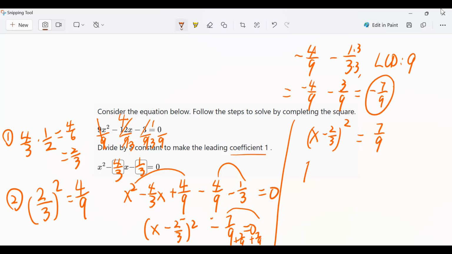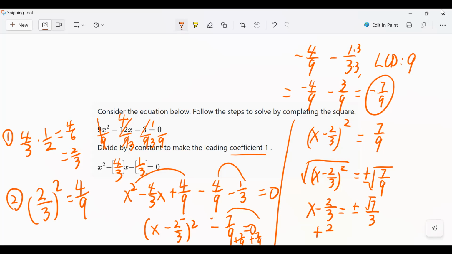Now taking the square root, x minus 2/3 squared equal to square root plus minus 7 over 9. And we get x minus 2/3 equal to plus minus square root of 7, square root 9 becomes 3. And adding 2/3 to both sides of the equation.